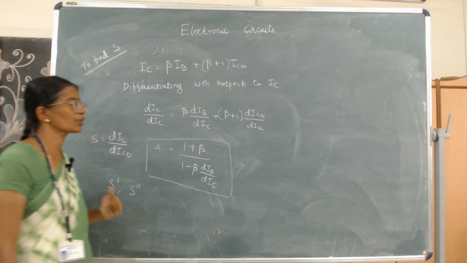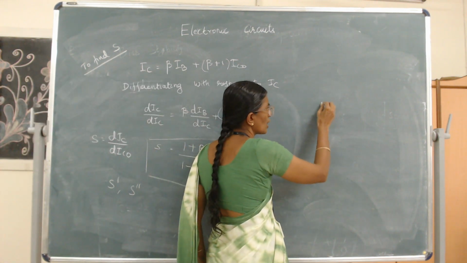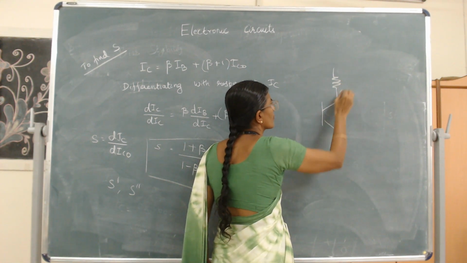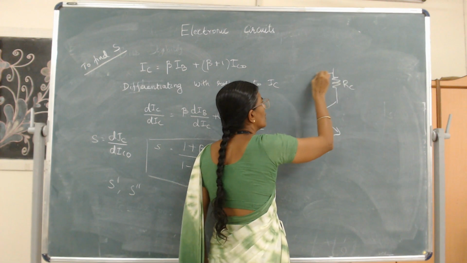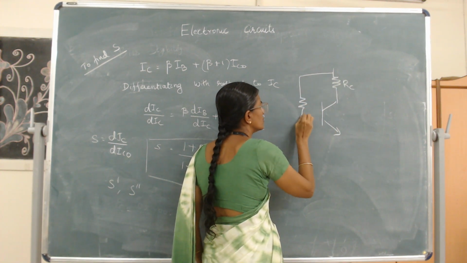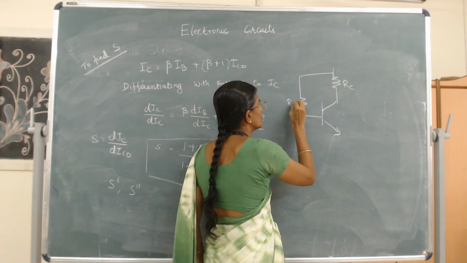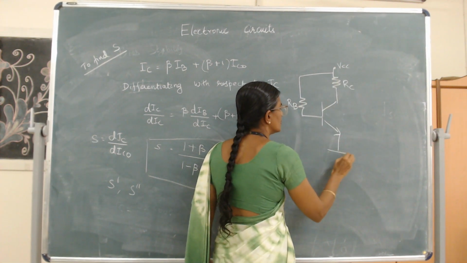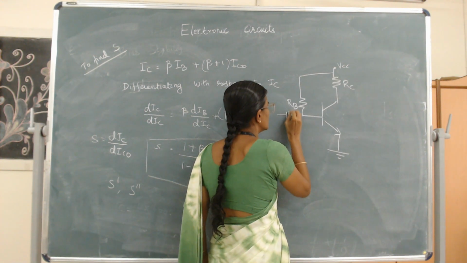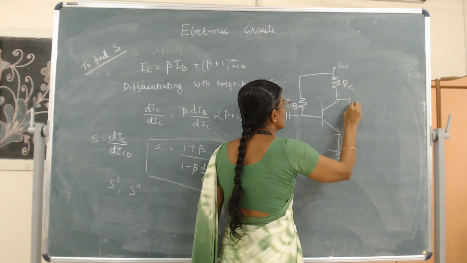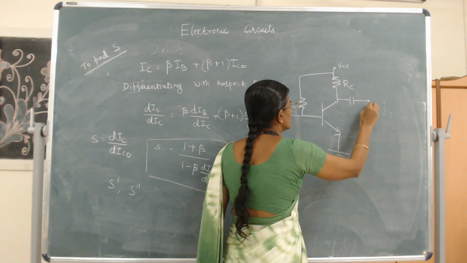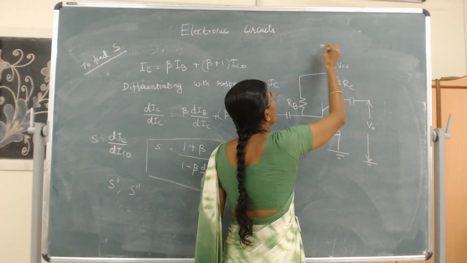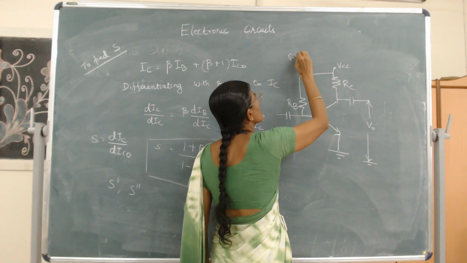Consider a simple circuit which consists of only two resistors. This circuit is called the fixed bias circuit.